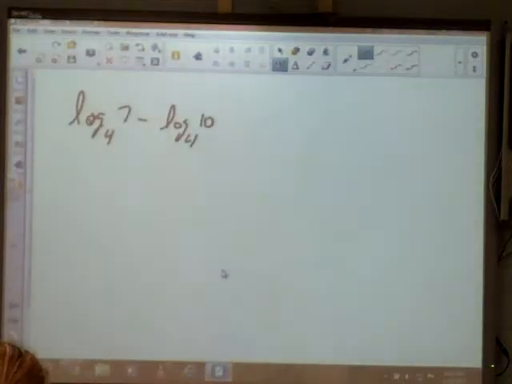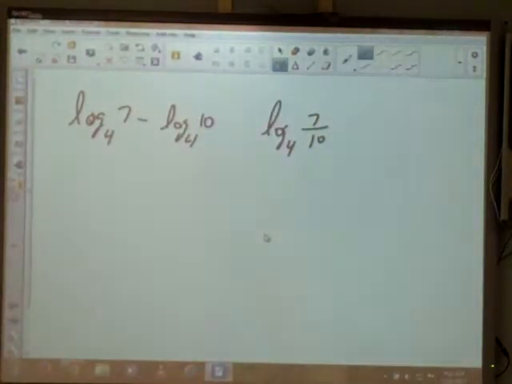Division. It's the quotient property. So this would rewrite as log base 4, and the first one goes on top over 10. And when we're condensing, condense means make smaller, so we only want to write log one time. Wait, what is it called when we expanded it last time? This is condensing.